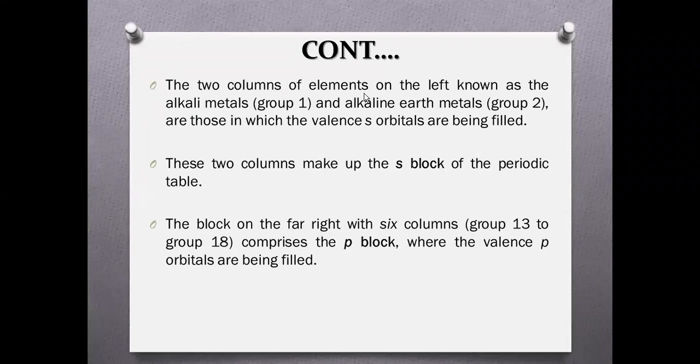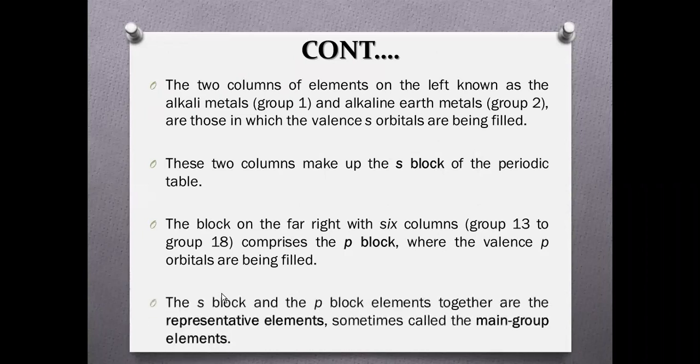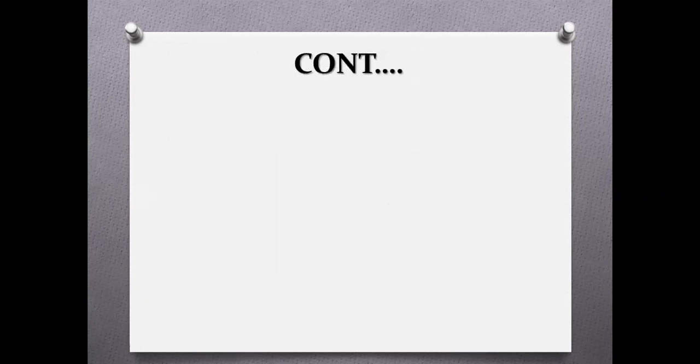The P orbital. That's why they are called valency P orbitals. And the S block and P block elements together are representative elements. Sometimes we call them the main group elements. So S and P, we are talking about the representative elements, and those are the main group elements, right?